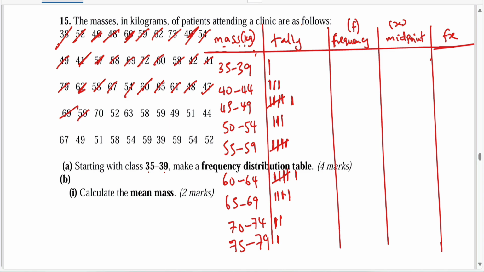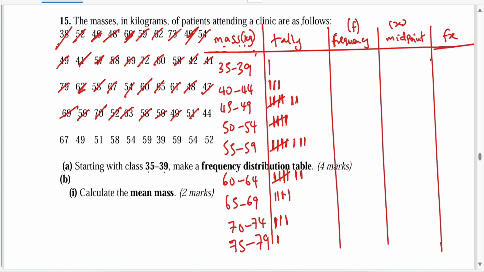59 utaanza nyingine. 70 here. 52 here. 63 this one. 58 is here. 59 again. 49 here. 51 finished with this.